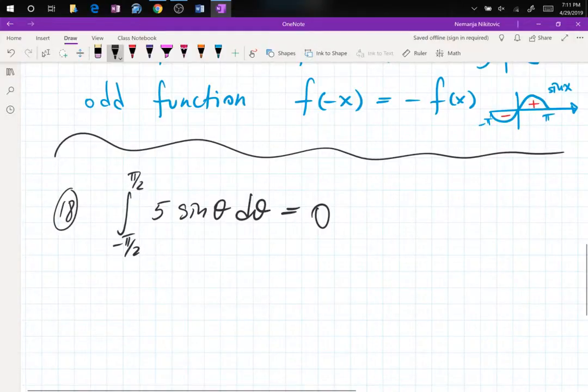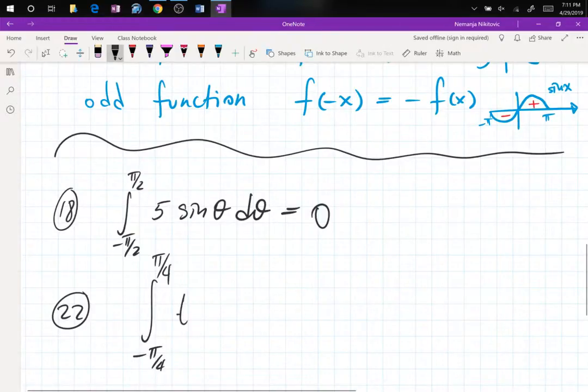Any of these, problem 22, same thing: negative pi over 4 to pi over 4 of tangent theta d theta. Immediately, 0. Tangent is an odd function, and it's on a symmetric interval: odd function, symmetric interval.